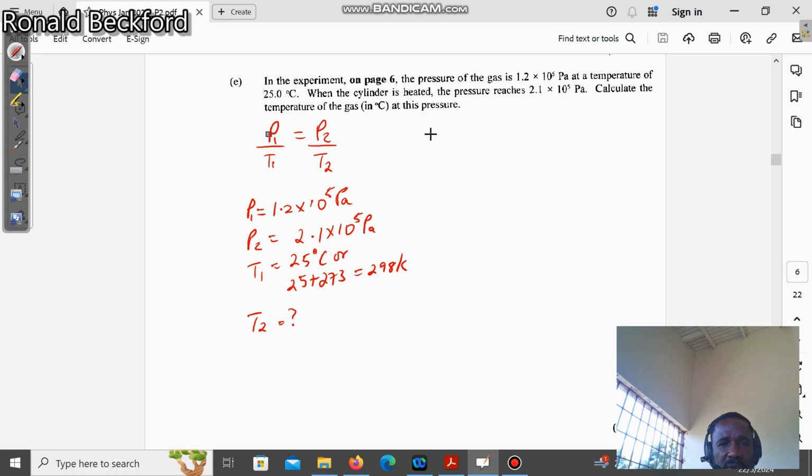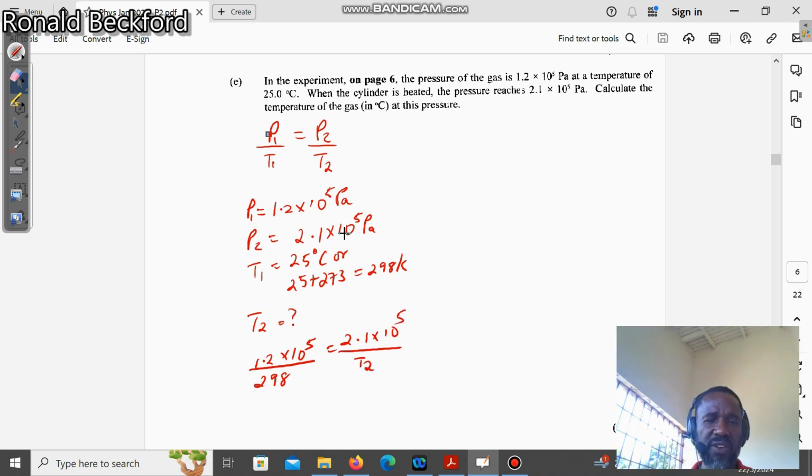Plugging in the values, we have 1.2 times 10 to the 5 over 298 equal to 2.1 times 10 to the 5 pascals over T2.